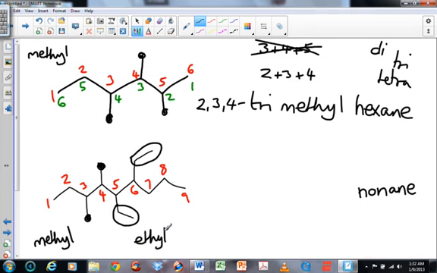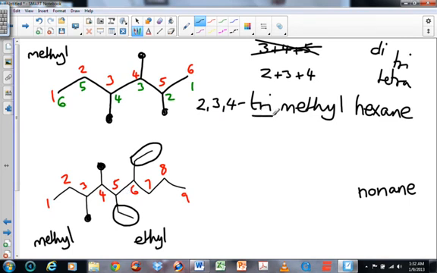So we have to figure out how to put all this into the name, because we've got methyl groups on carbons 3 and 4, and ethyl groups on carbons 5 and 6. Remember, we need a number for each separate substituent. We've got 4 substituents, so we need 4 numbers.